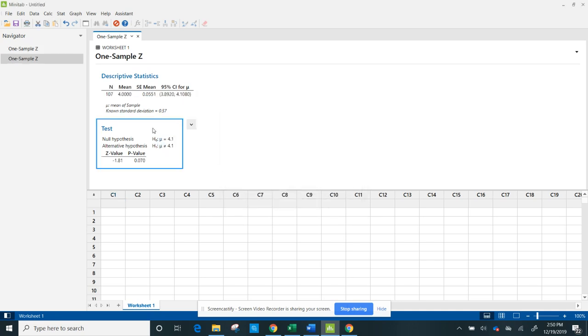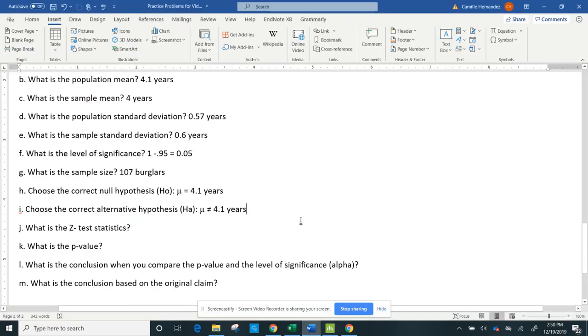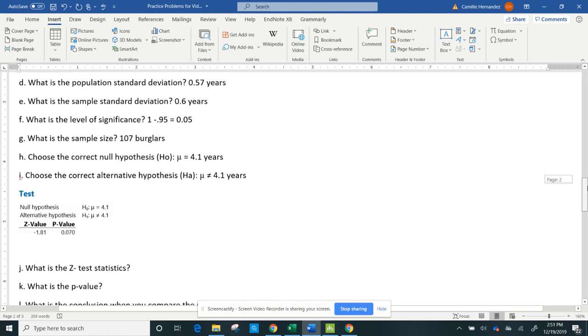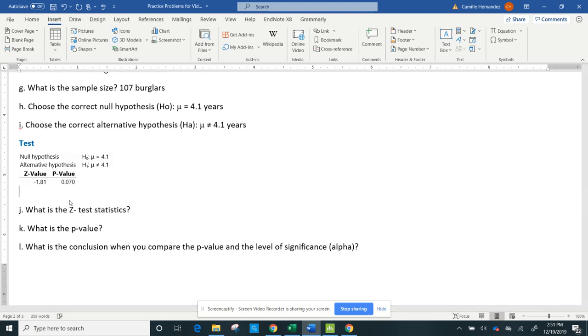And then I'm going to take this and copy it and bring it back over so I can see what I'm doing. All right, so I'm just going to paste it here. And again, it helps me to compare my alternative hypothesis with my alternative hypothesis to make sure I'm doing it right. So my Z value is negative 1.81, and my P value is 0.070.